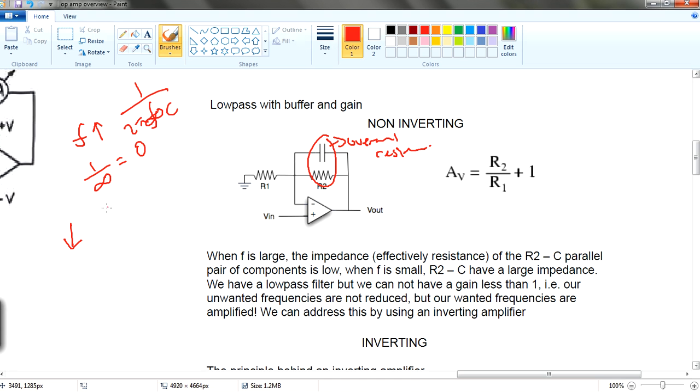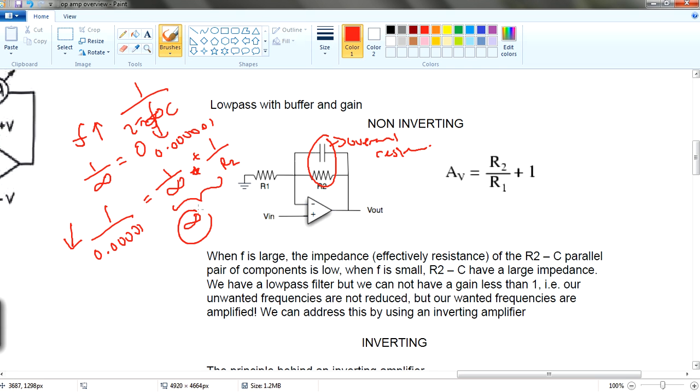Because as the frequency becomes lower, like 0.00001, you're dividing by it, so you'll have a very big number, maybe like infinity, right? So in this case, infinity in parallel with your resistor R2, you're gonna have a very high impedance over here, right? Maybe infinity.